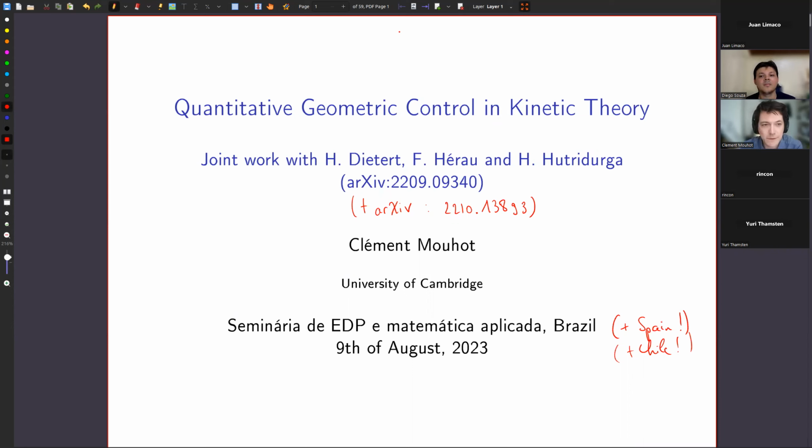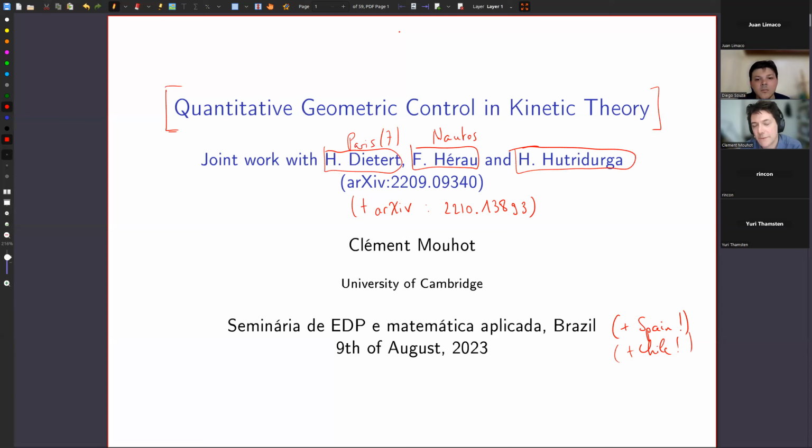So the work I'm going to present today, Quantitative Geometric Control in Kinetic Theory, is joint work with Helge Dietert, who is in Paris University number 7, Frédéric Hérault, who is in Nantes, a city in France, Harsha Kudri-Durga, who is at IIT Bombay in India.